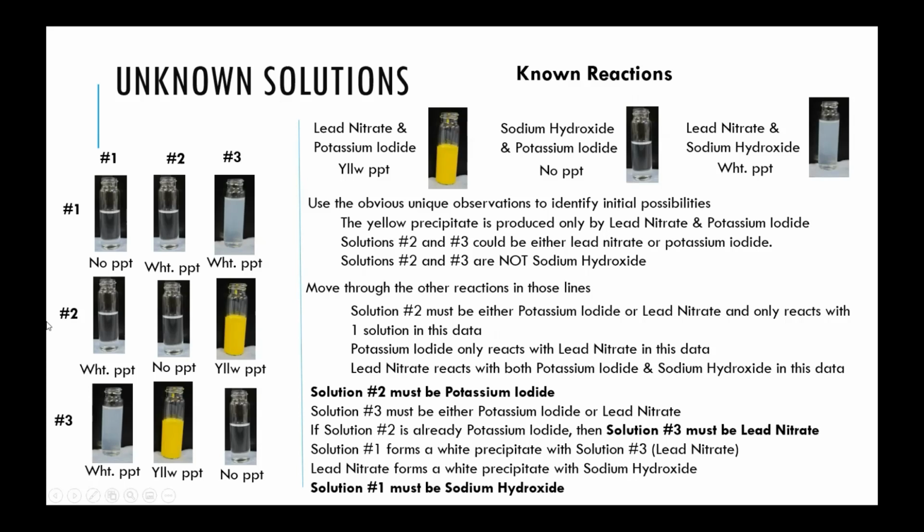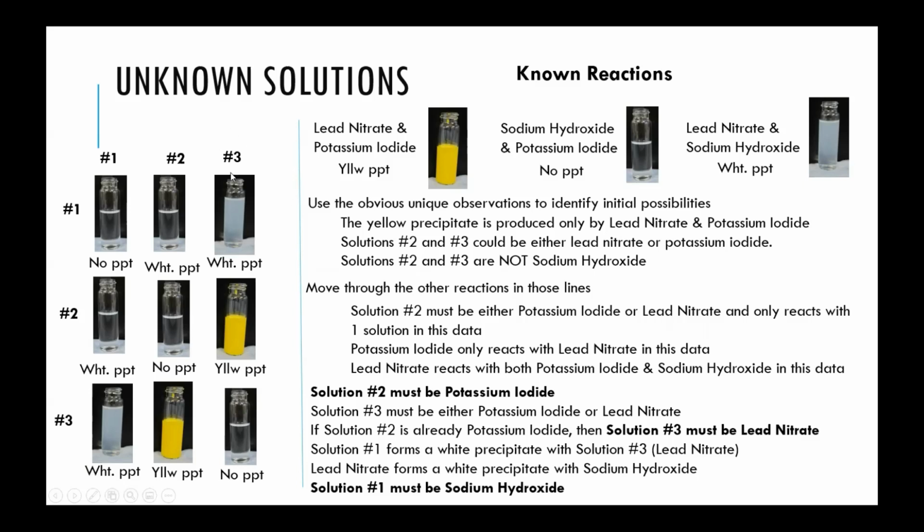So if you look at solution number 2, there is only a precipitate forming that yellow compound. There's no other precipitate. So the lead nitrate cannot be solution number 2, meaning that solution number 2 must be the potassium iodide.